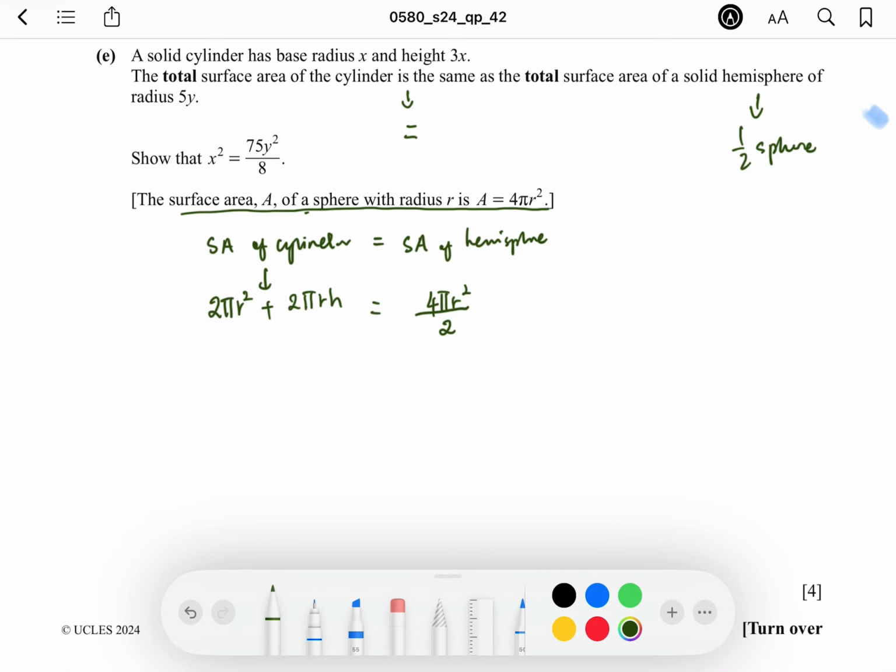Okay. Lepas tu substitute dia. Apa? Dah. Okay. 2 pi r is what? Teacher tahulah.